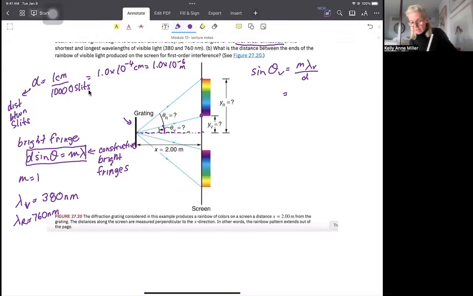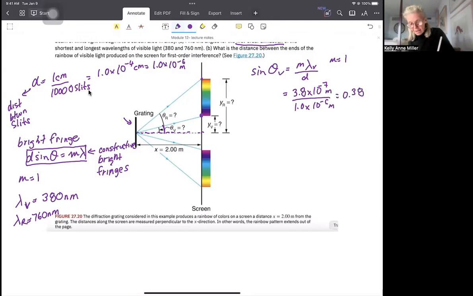Okay, m equals 1 because it's the first order fringe. The wavelength of violet is 380, so that's 3.8 times 10 to the negative 7 meters. And then I divide that by the distance between the slits, which is 1 times 10 to the negative 6 meters.